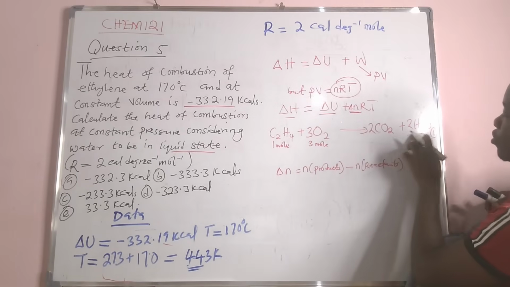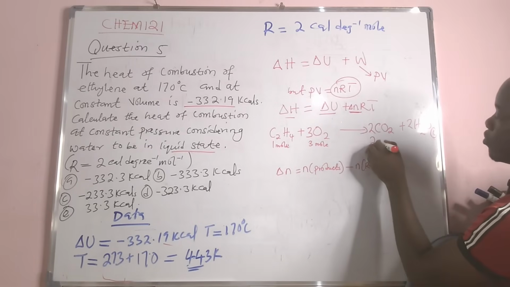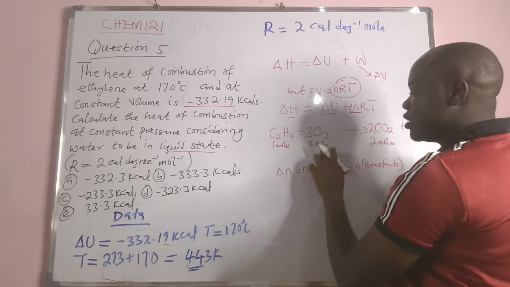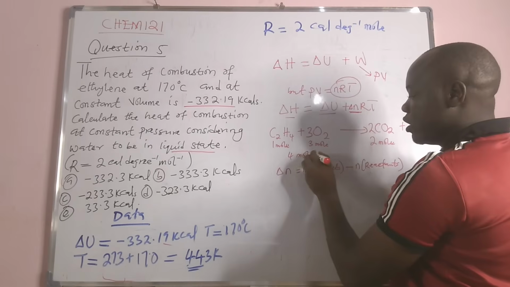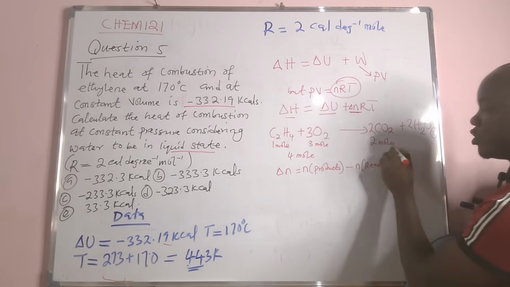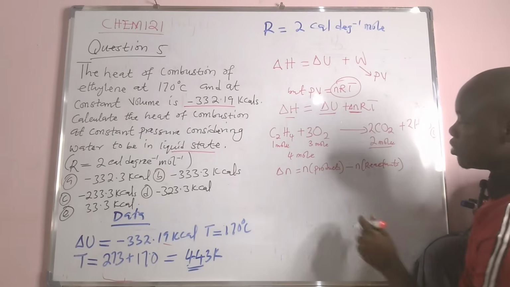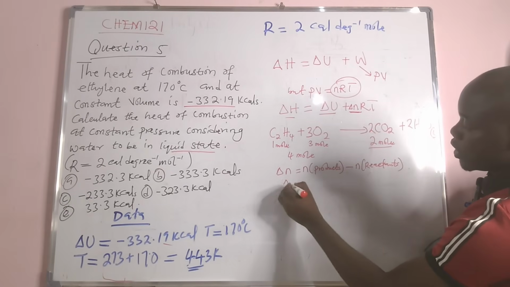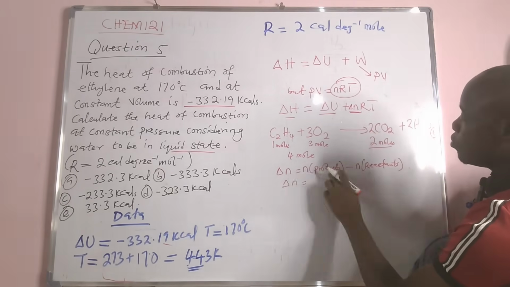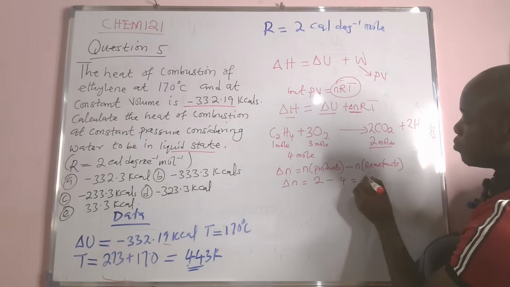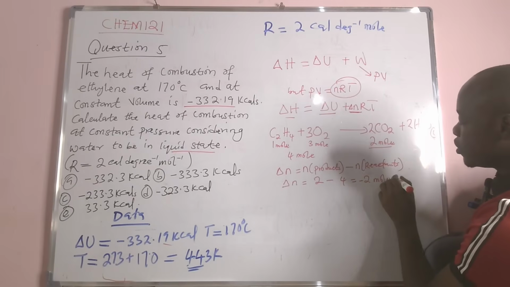And of course, we are not considering water because it is liquid. So here is 2 mole. So in the reactant, we have 4 mole in total. And then in the product, we have 2 mole. So what are we going to do here? It's simple. We are now going to get the value of delta N. The number of moles of product is 2, minus 4. We now have minus 2 moles.